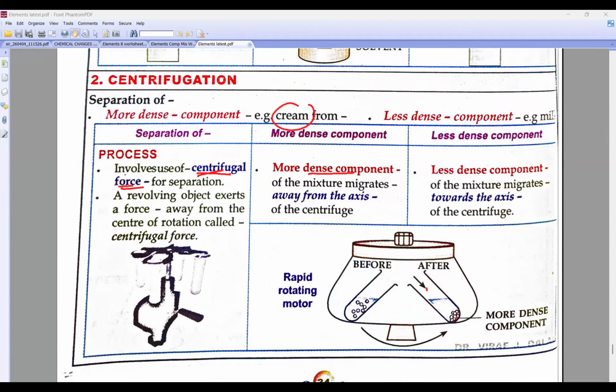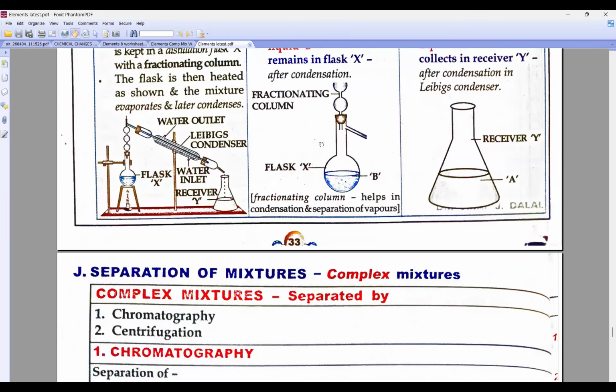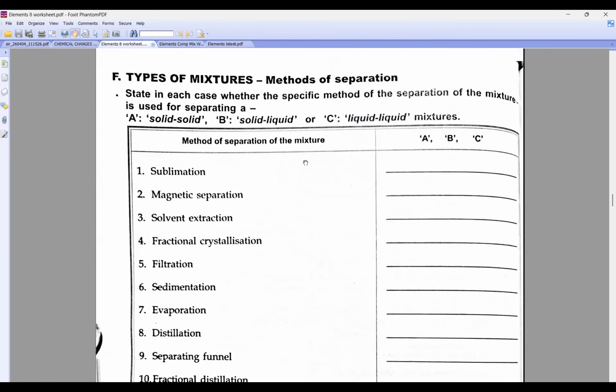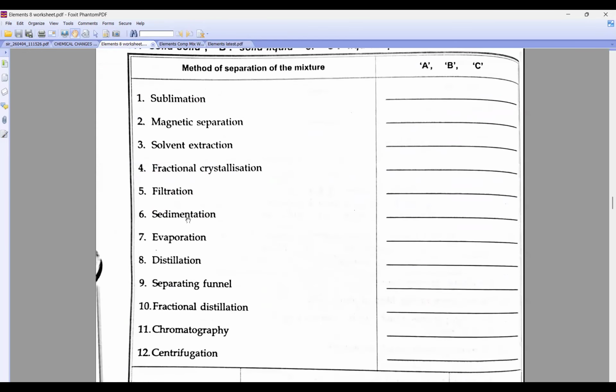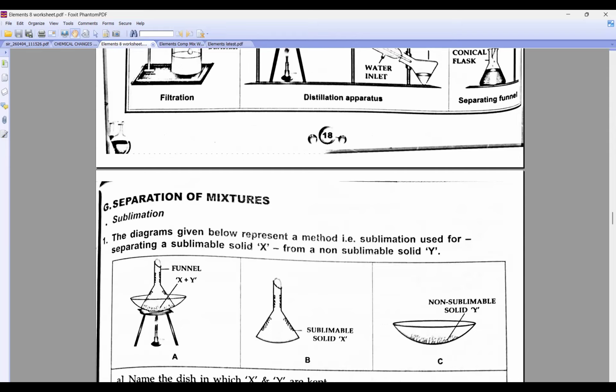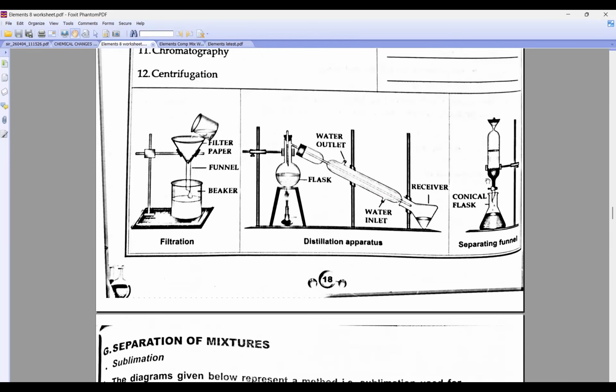Now, what you are supposed to do? Look here. Now, I've given you this worksheet, beta. Today you can write all this. Look, today we did all this or not? Then today we studied which technique? Distillation, this separating funnel.